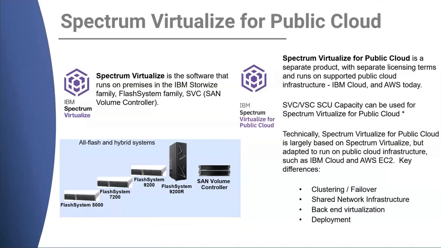The backend virtualization is a bit different, and of course, the deployment is different in the cloud. Other than that, it basically works the same as what you might expect on-prem with an SVC. And speaking of SVC, if you do have SVC, the spare capacity that you might have, or if you're purchasing more capacity, there's a way that you can now use that also for Spectrum Virtualize for Public Cloud. So it gives you the ability to essentially extend your SVC licensing to the cloud.